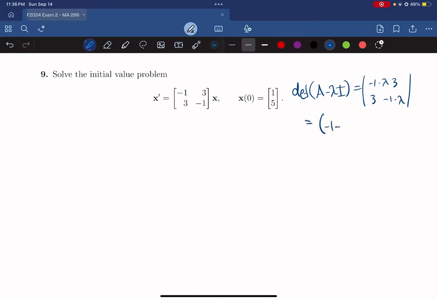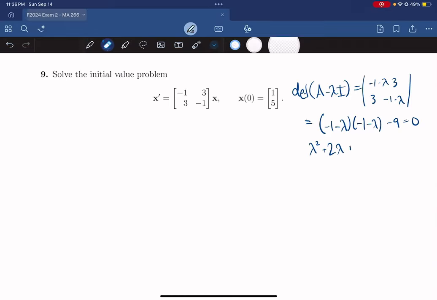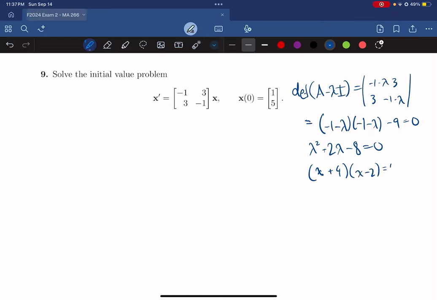We get, and from there, simplify a little bit, like that, which we can simplify to x plus 4 times x minus 2 equals 0.